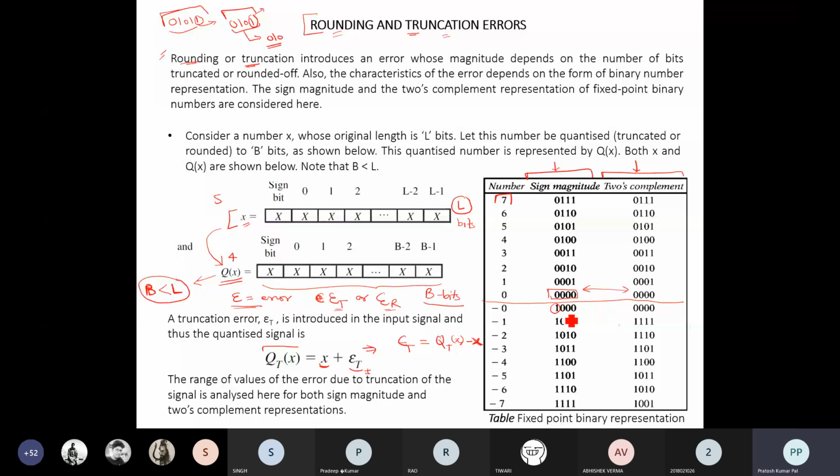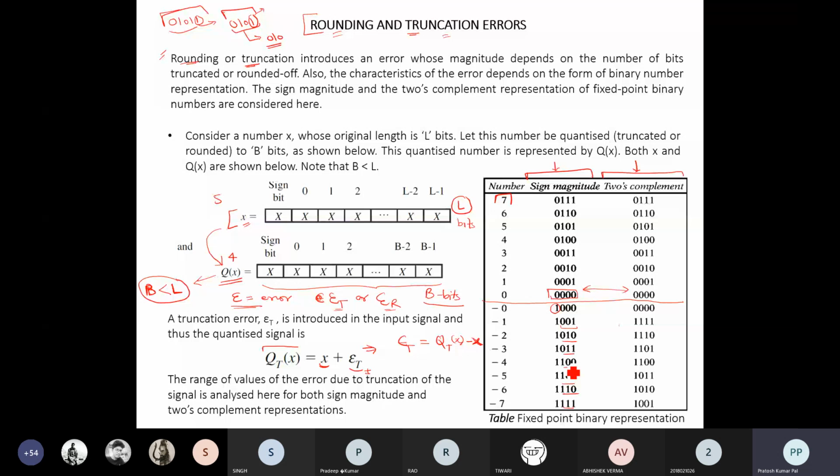So 1 is represented as 0 0 1 with a 1 at the MSB for the negative sign. Similarly, all negative numbers will have a 1 at the most significant bit, and the other bits follow for 2, 3, 4, 5, 6 and 7. This is how sign magnitude representation works for different negative numbers.